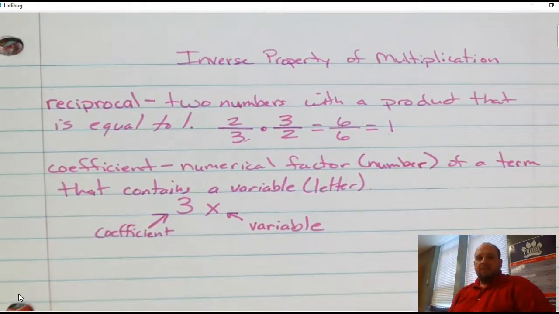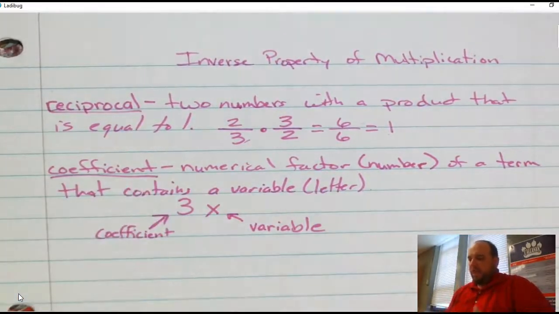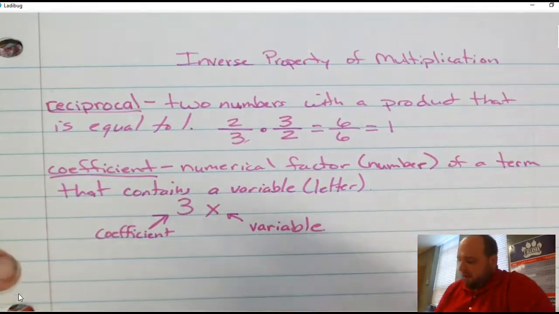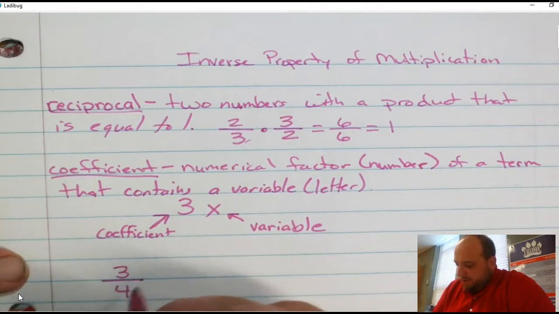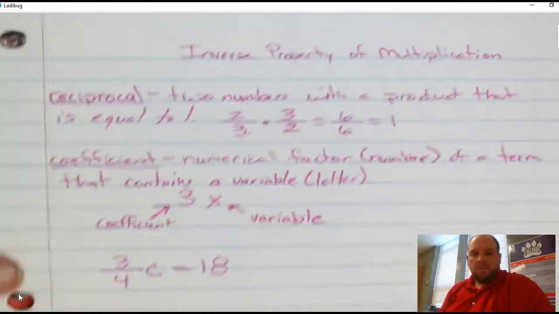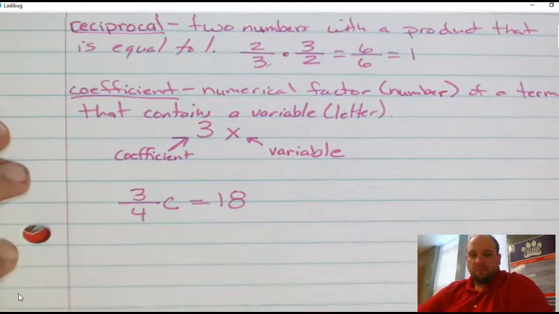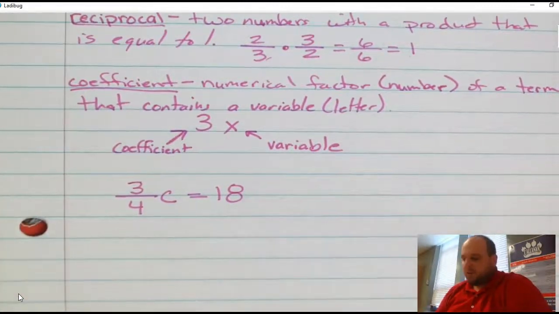Okay, now that we've defined those vocabulary words of a reciprocal and a coefficient, let's actually do this inverse property of multiplication in action. I'm going to have a problem. For example, I have 3/4 c equals 18. Anytime I have an equation where I have a variable, my goal is typically to figure out what the variable is equal to. So I'm going to isolate it.